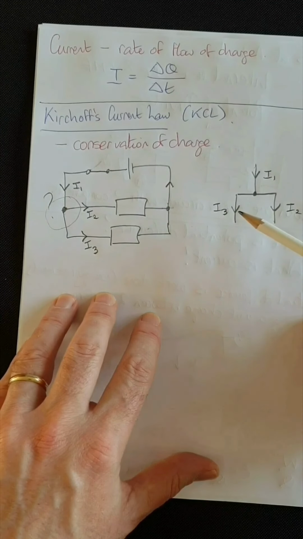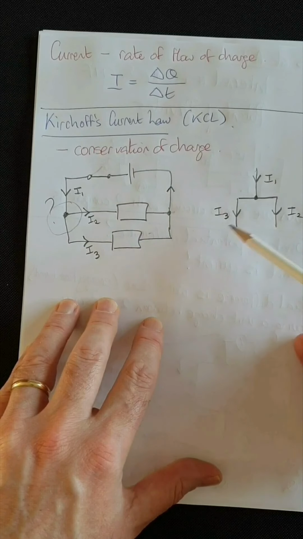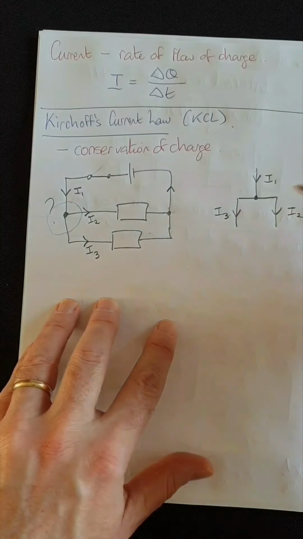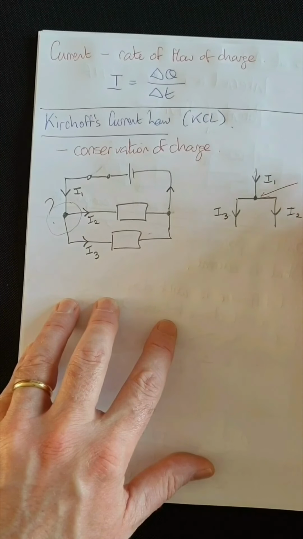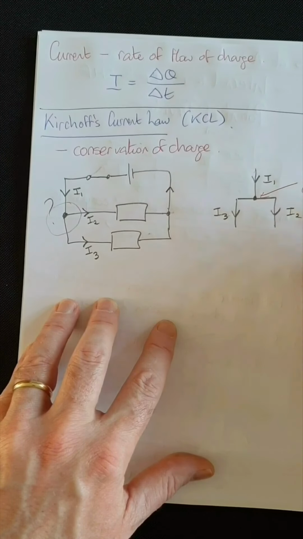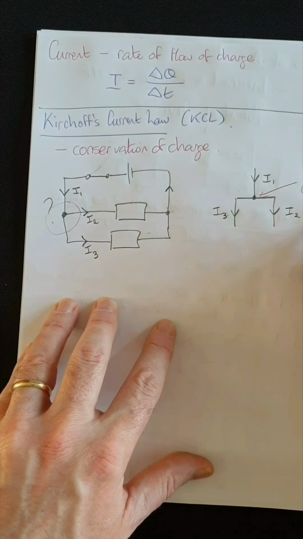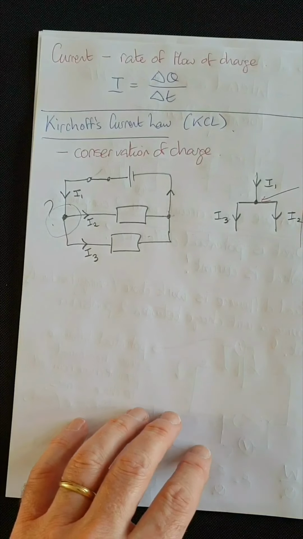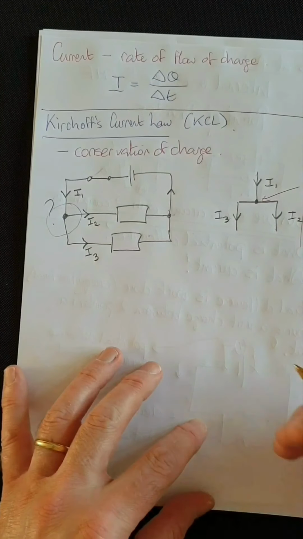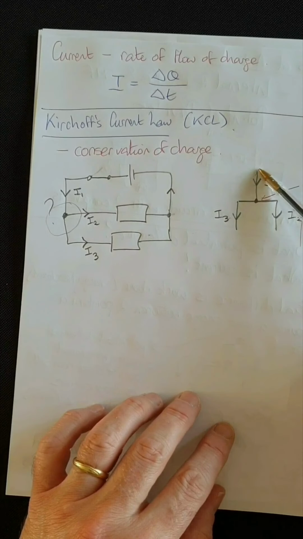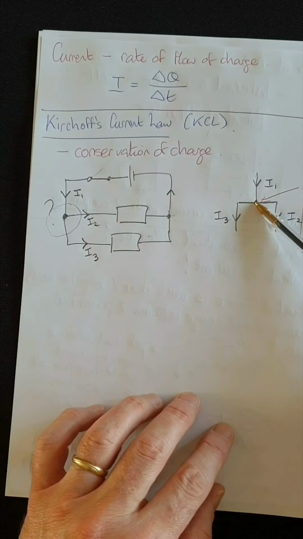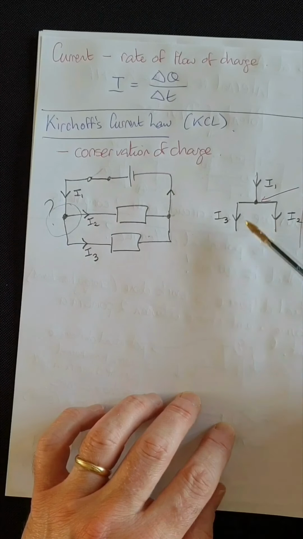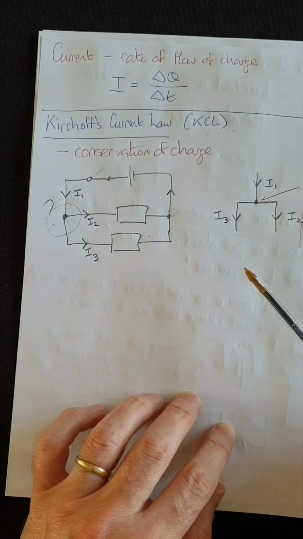Okay, so how can we relate I1 to I2 and I3? From conservation of charge, no charge is lost or gained at this junction. That's what the conservation of charge means. So if, for example, in 1 second, 6 coulombs of charge was flowing in from I1, then 6 coulombs of charge every second must flow out via I2 and I3.